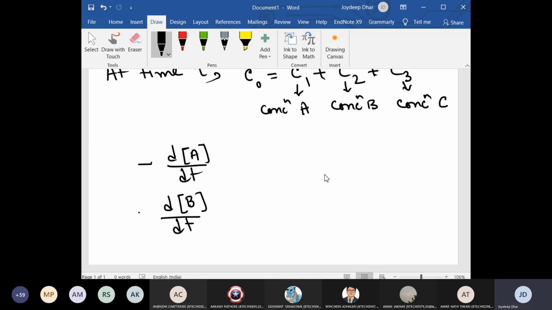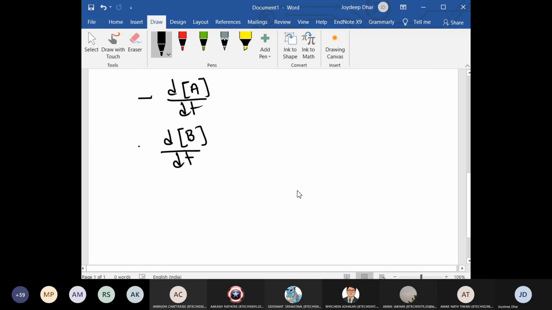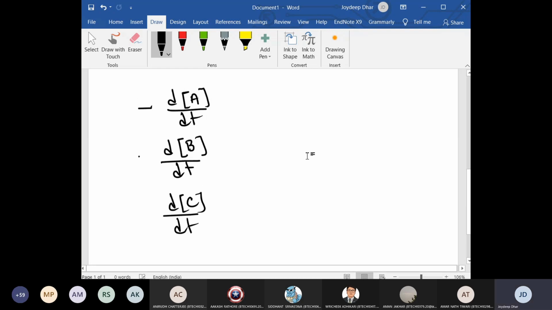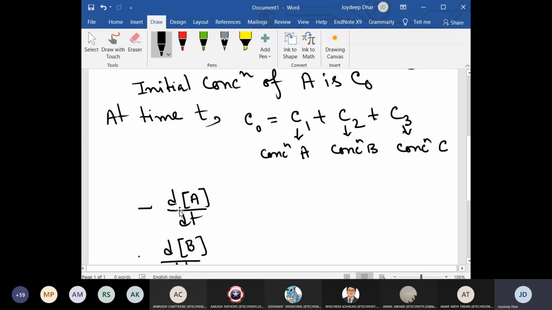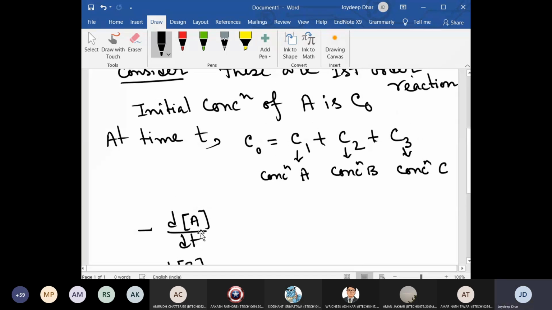Initially at time t0 there was no B, but after some time B has formed, so that's why I have kept a positive sign. Now you can write C. C is also forming, dC dt.